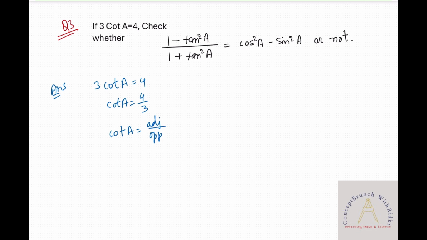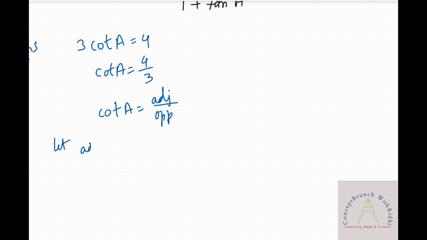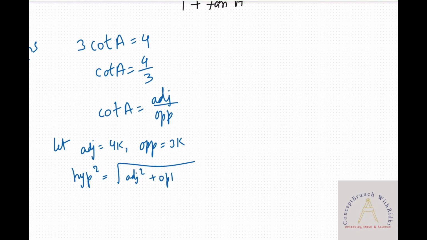So let's assume, what assume? Adjacent is equal to 4k and opposite is equal to 3k. So we can find out the hypotenuse. So the hypotenuse is equal to, in a Pythagoras theorem, hypotenuse square is equal to adjacent square plus opposite square.